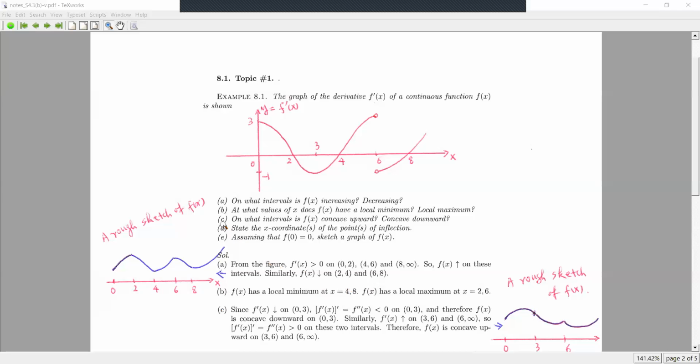Now, part C. On what intervals is the function f concave up and concave down? Okay, now go back to the graph of derivative. From 0 to 3, this curve is decreasing.